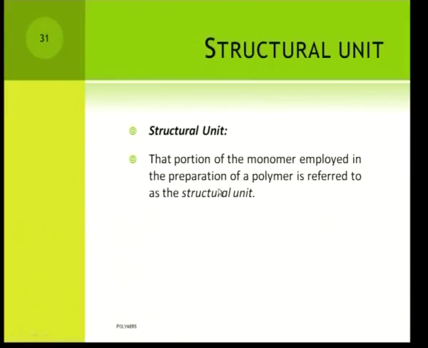Now, let us see what a structural unit is and how it is different from the constitutional repeat unit. The structural unit is that particular portion of the monomer employed in the preparation of the polymer, that is utilized for the polymerization reaction and is available in the final polymer product.